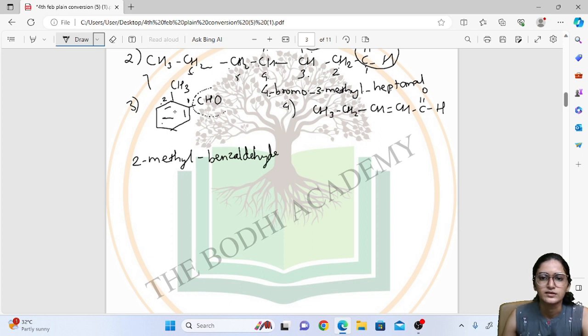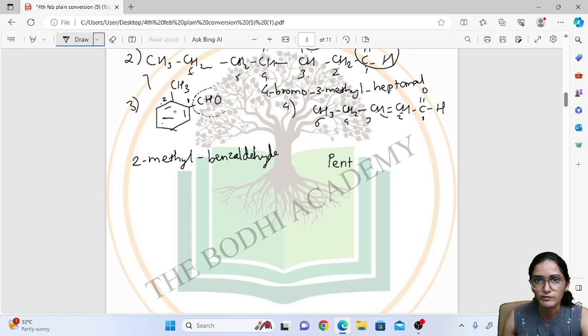Okay. Then next is having a double bond. So numbering will start from here because this has the main functional group: 1, 2, 3, 4, 5. There are 5 carbons and there is a double bond between these 2 carbons, and here we have the main functional group. Since we have 5 carbons, pent. Now we have a double bond, right?